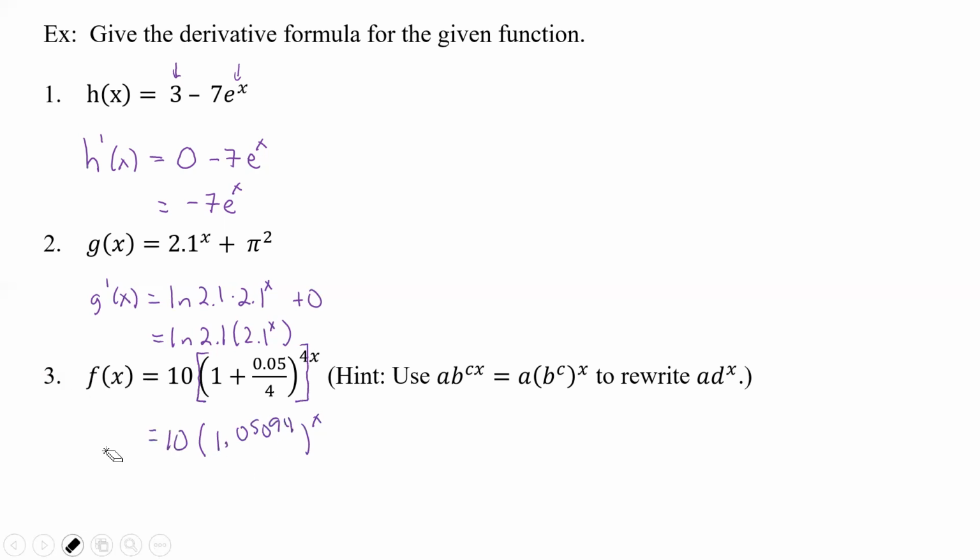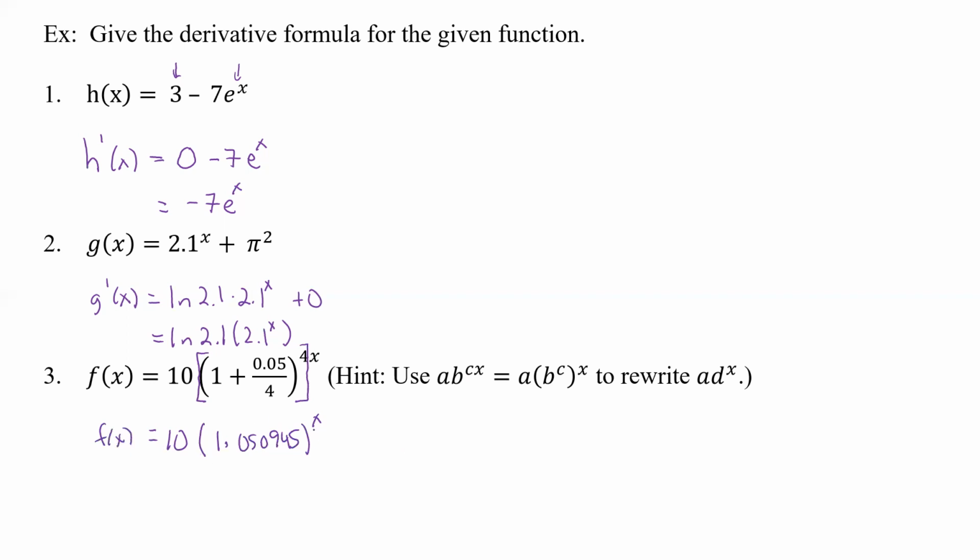I have to watch while I write and look at the calculator. 1.050945, and so on. And there's more there, but I'll just stop with that. And so that is really what I have for f of x.